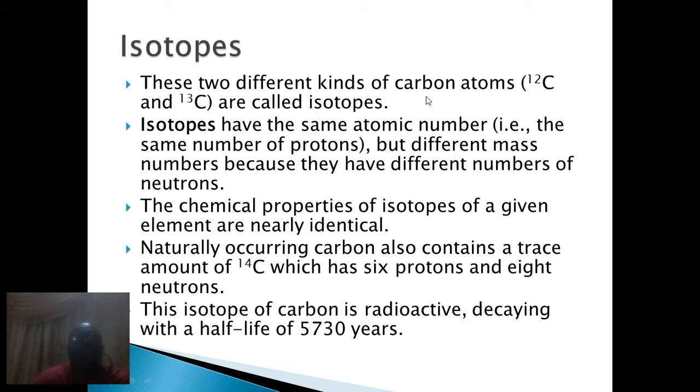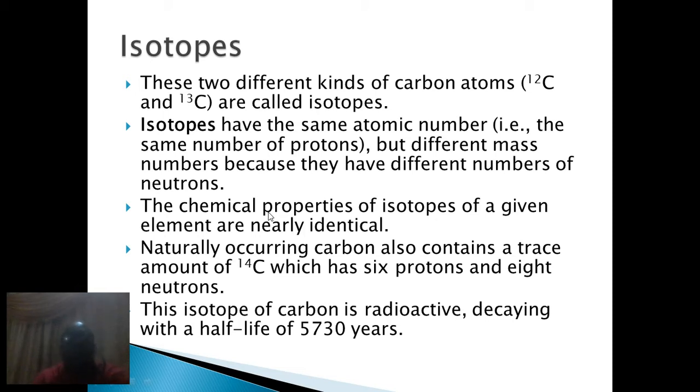These 2 different kinds of carbon atoms, carbon 12 and carbon 13, are called isotopes. Isotopes have the same atomic number, the same number of protons, but different mass numbers because they have different numbers of neutrons. So we now know what isotopes means.